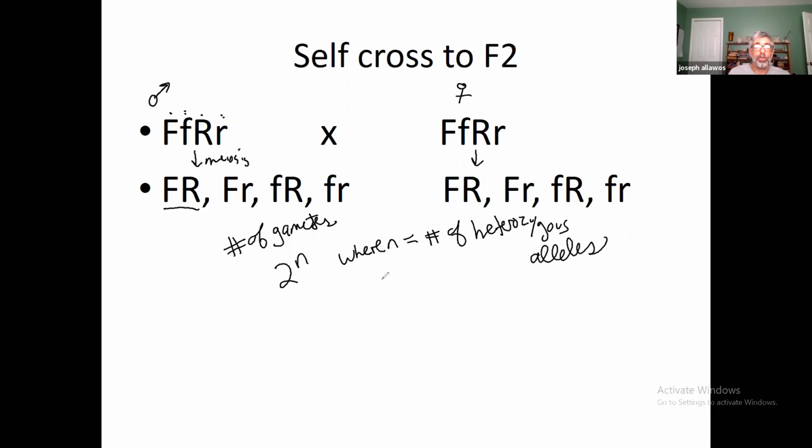Okay, what am I saying? Well, remember, a heterozygous allele is one of each, right? So how many heterozygous alleles does this parent have? It has one set there and another set, so two. 2 squared is equal to 4, and there's your 4 gametes.